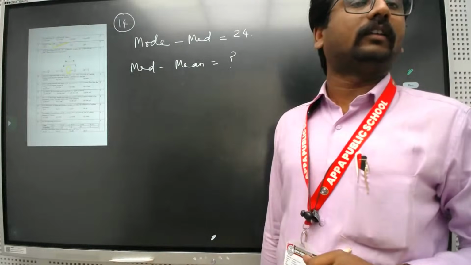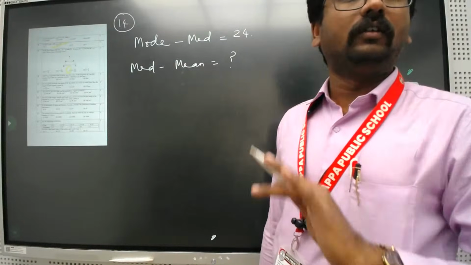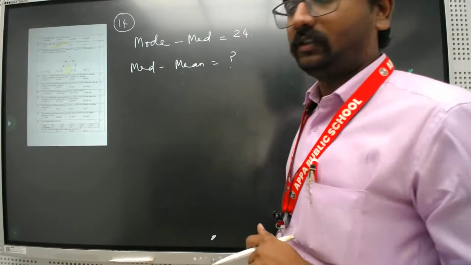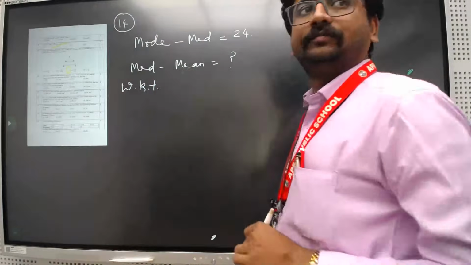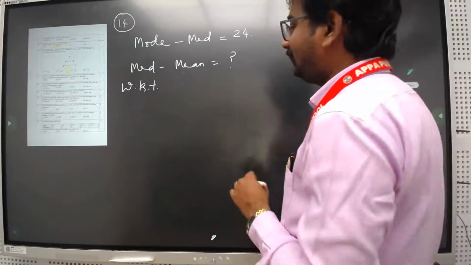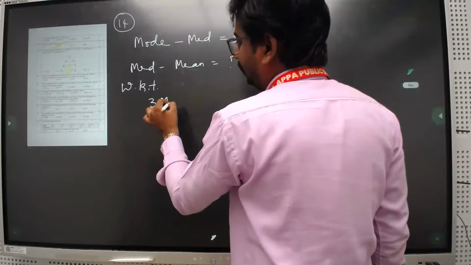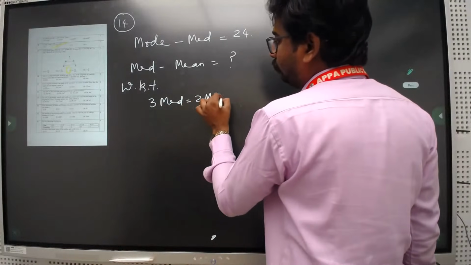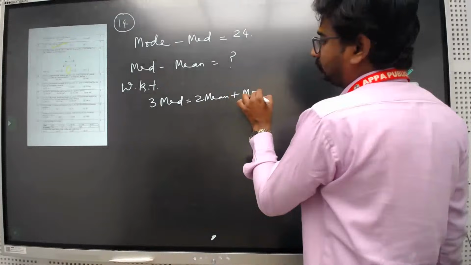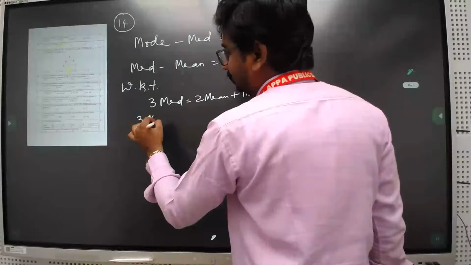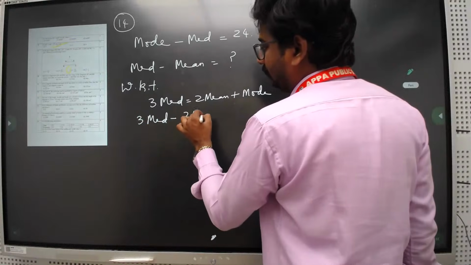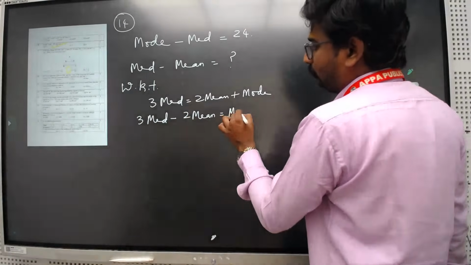Then which one is not there here, which should be removed or replaced? Mode. We know the empirical relation: 3 median is equal to 2 mean plus 1 mode. So 3 median minus 2 mean is nothing but mode.